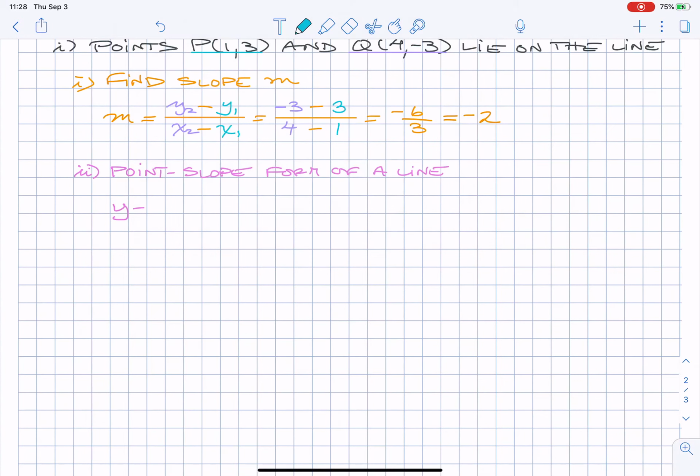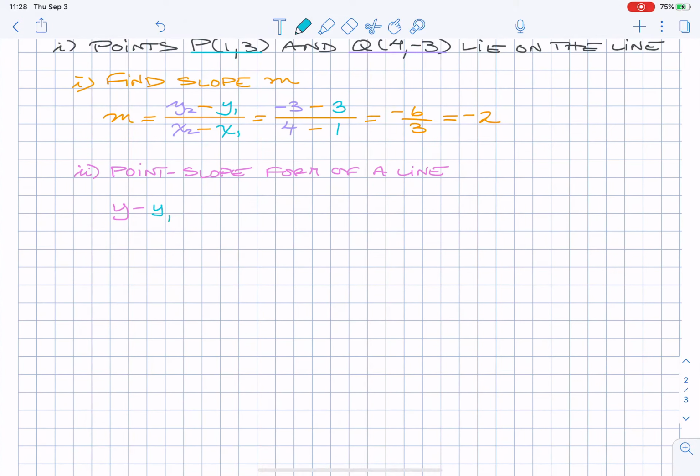And let's use point P, not that it matters. y minus y given is equal to slope m times the quantity x minus x given.